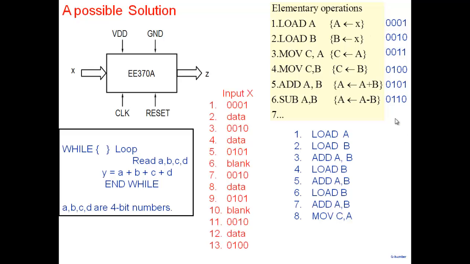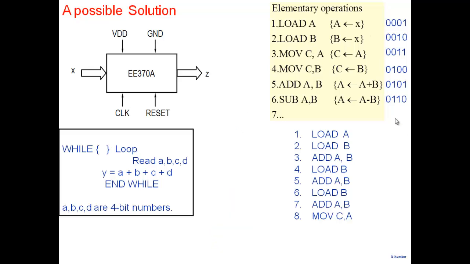So now how do I actually execute it? At X, note that I have to give not only the inputs A, B, C, and D, but I also have to tell my system which instruction to execute.